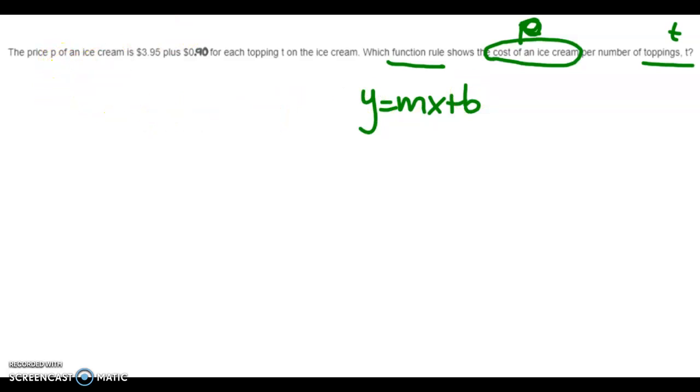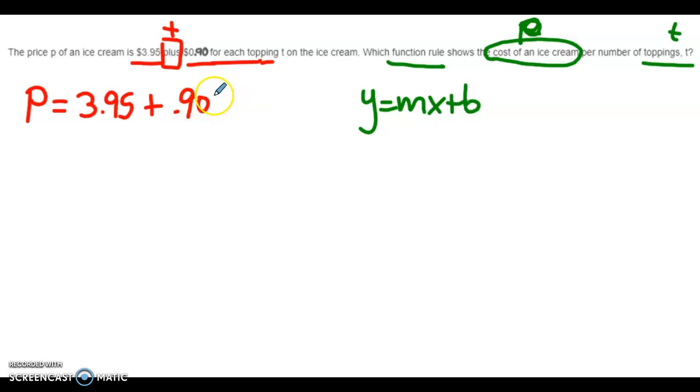So let's go ahead and figure this out. It says the price of ice cream is $3.95 plus 90 cents for each topping. So if we just wrote it out exactly in the order it says in the sentence, we would write the price equals $3.95 plus 90 cents per topping. So I'm going to do 90 times T. And that's fine, that is a correct equation.